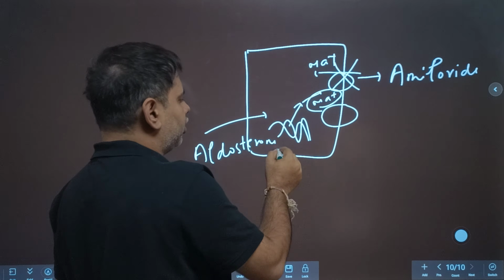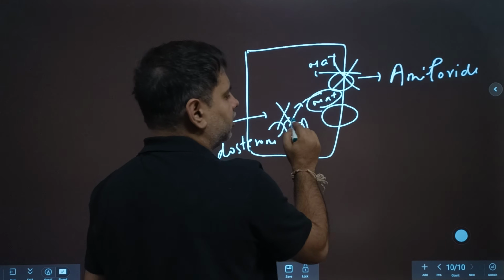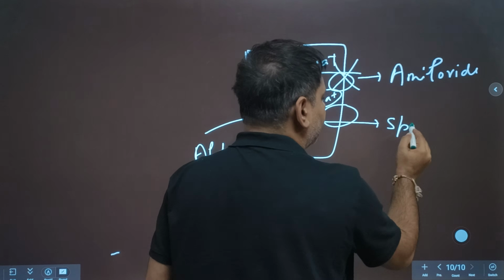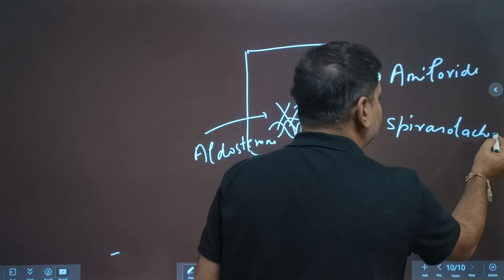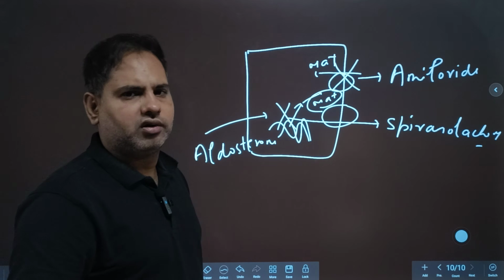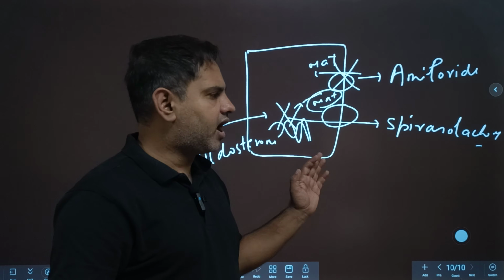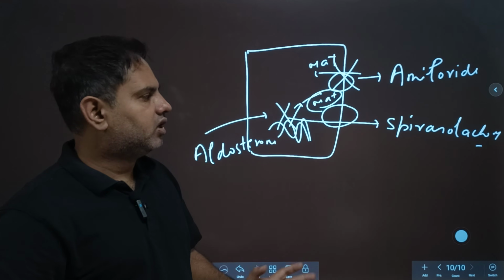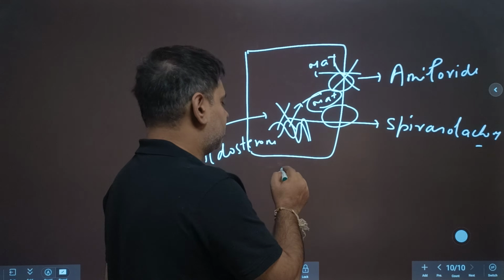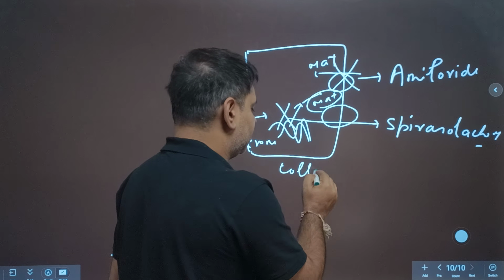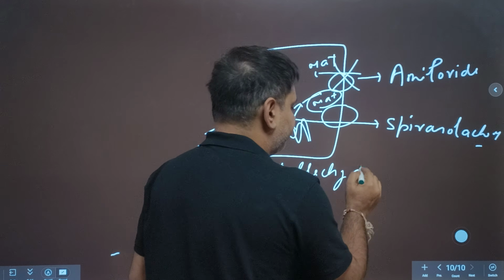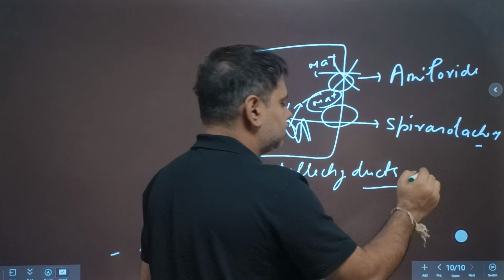The drugs which block the actions of aldosterone are spironolactone, an aldosterone antagonist, right? These are the drugs acting on the collecting duct and the last part of the distal convoluted tubule.